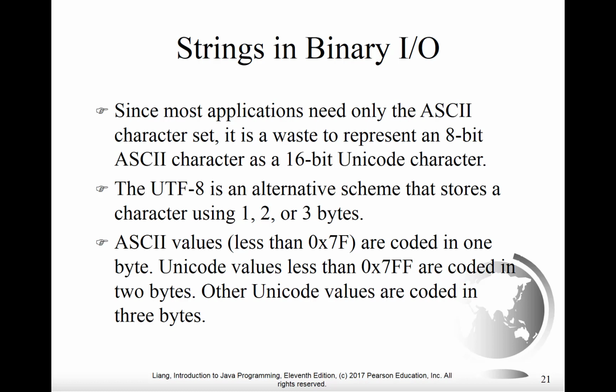Remember, that's a hexadecimal constant, and 7f in binary at 8 bits would be 0, 1, 1, 1, 1, 1, 1, 1. In other words, the most significant bit is always a 0. That is consistent in other bytes that are used in this representation. And what we'll do in our demo is we'll actually throw in a euro symbol so you can see how that differs from other characters in the string that do not require so many bytes.